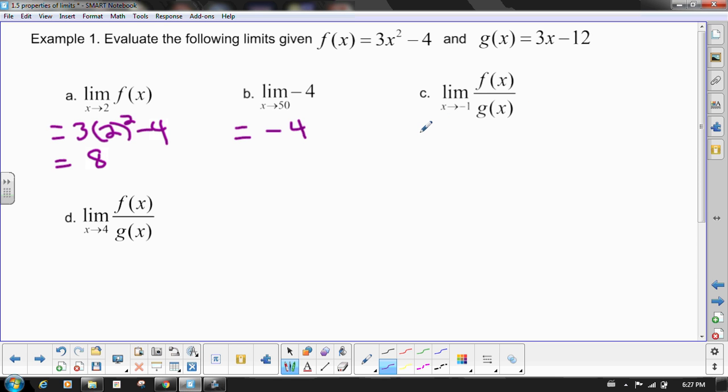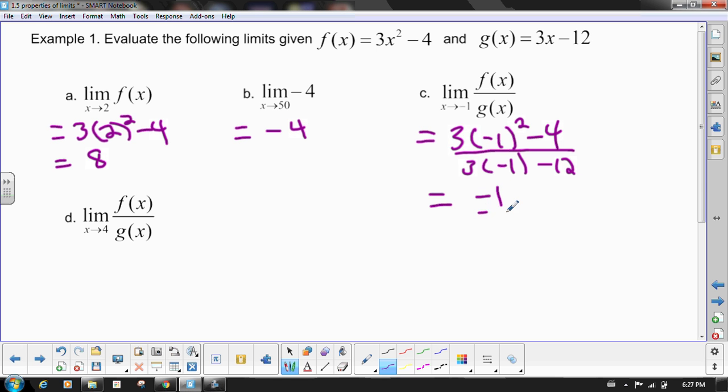Here in C, we're going to have 3 multiplied by -1 squared, subtract 4, divided by 3 multiplied by -1 minus 12. So using BEDMAS, we end up with -1 over -15, which we will write as 1 over 15.